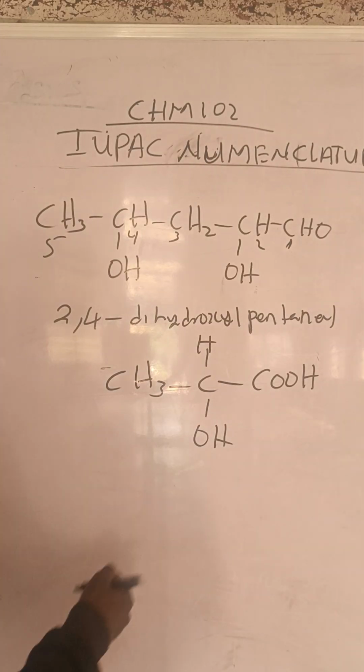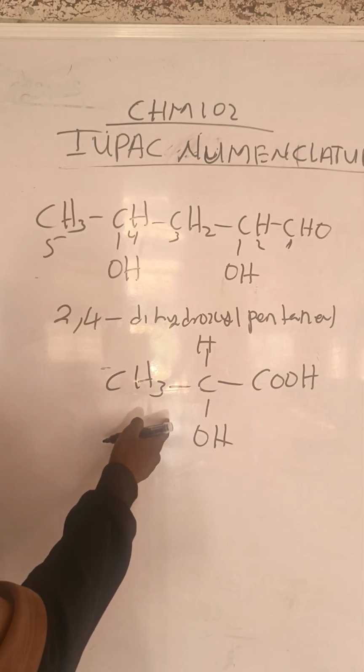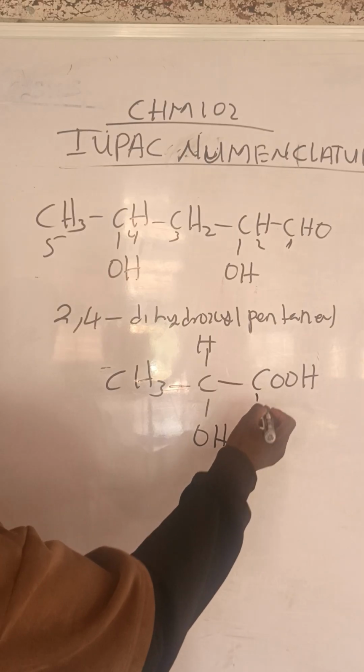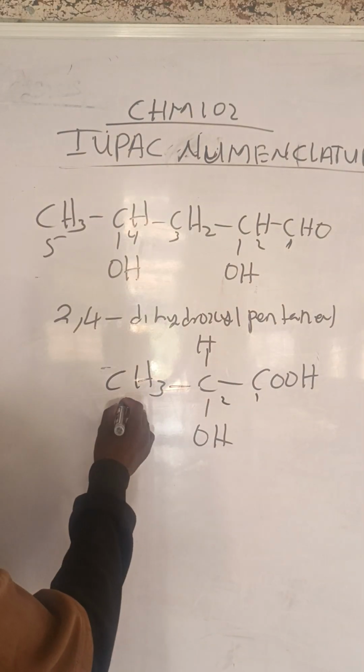But don't forget that this one falls in the middle. It will serve as substituent. This one will be the functional group. Since we have the functional group, we don't need to stress ourselves. Just consider the functional group, which is 1, 2, 3.